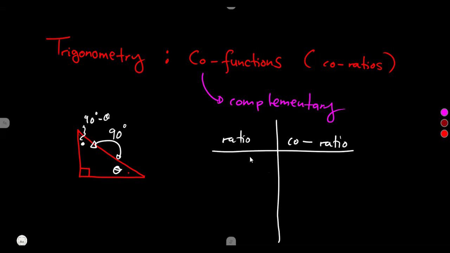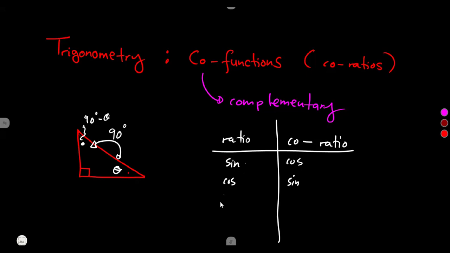So it means if you are given a ratio of sine of theta, we just need to talk about its ratio, not simplification. This sine changes to cos, the co-ratio. So if it is cos, it's going to be sine.